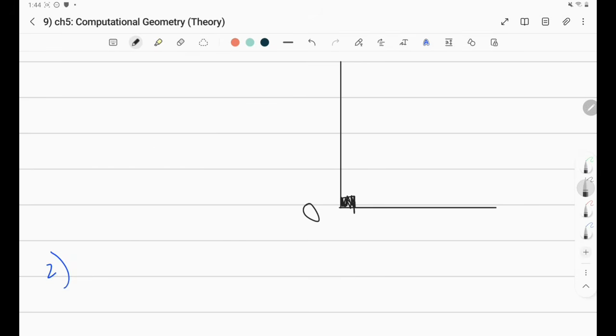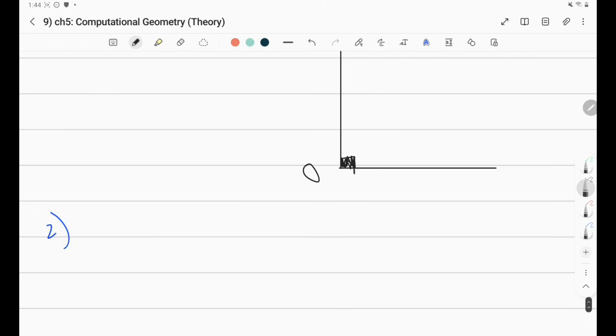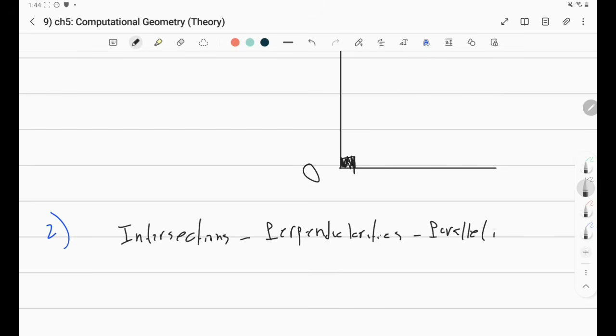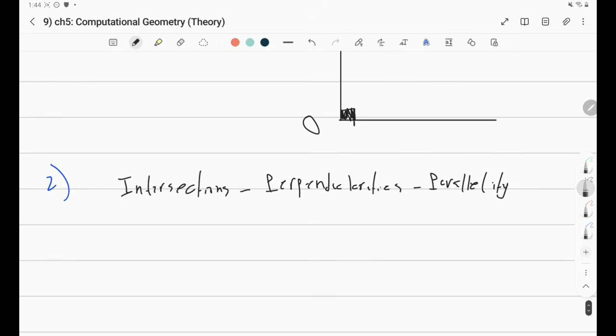Sometimes, when your question is all about intersections, perpendicularities, parallelity, collinearity, all of these are under the domain of Cartesian coordinates. All of these are nice.